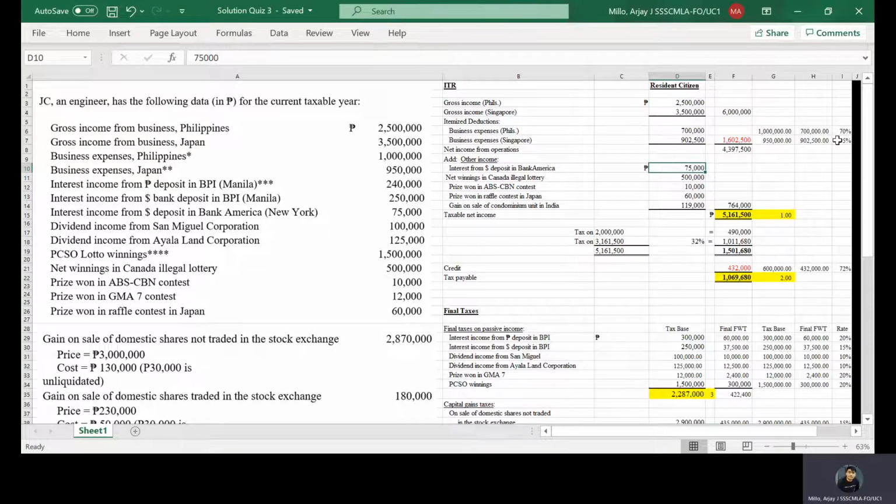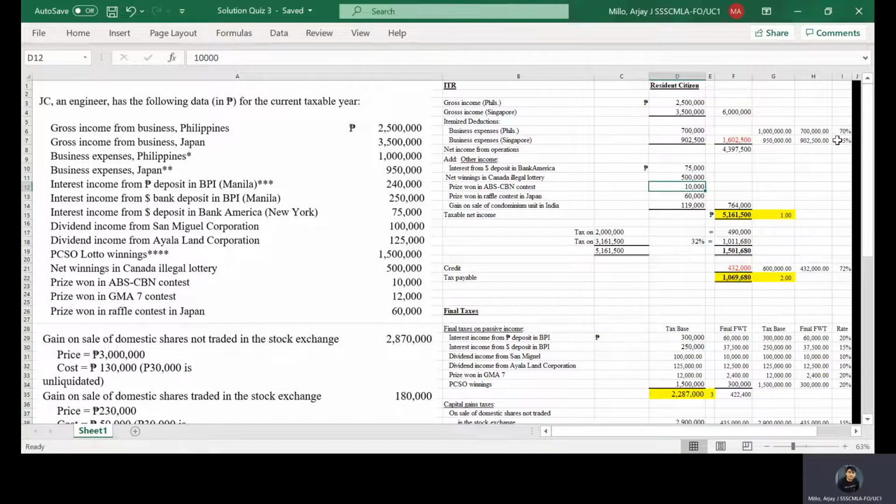So that's 75,000. Next one, the net winnings in Canada. Even though it is illegal lottery, regardless of the source, even if it comes from illegal means, we need to report it in our income tax return. So we need to include that. That's 500,000 pesos.